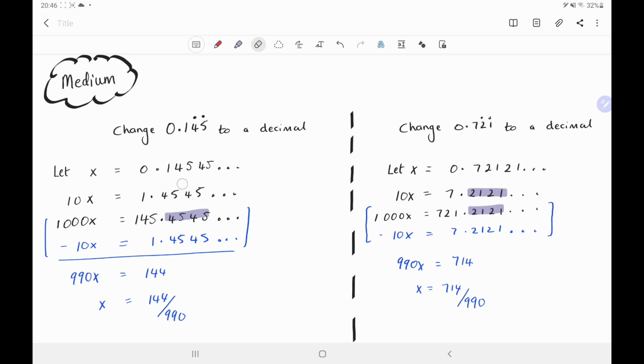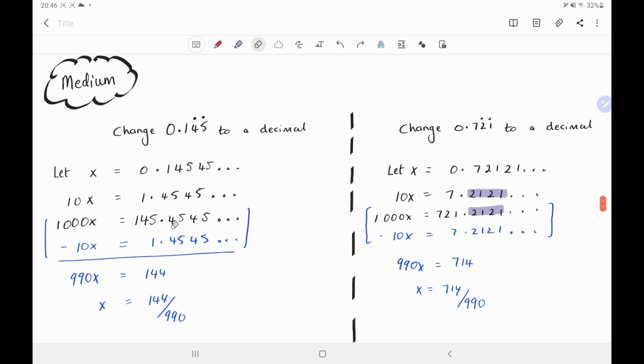Well, the question on the left hand side, we have worked out 10x and 1,000x. These are the two values that have a 4545 after the decimal point. So we're going to do 1,000x subtract 10x. So these cancel. And on the right hand side, we're going to do 1,000x subtract 10x so that these digits cancel.